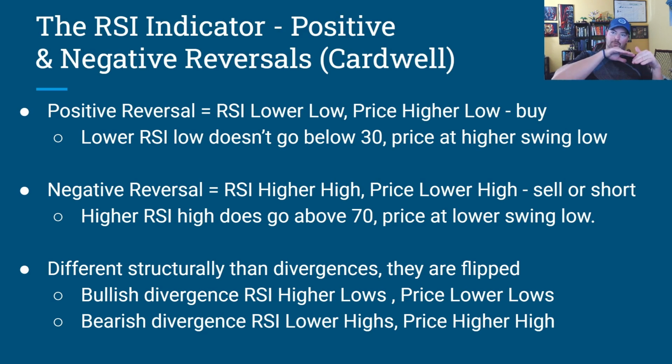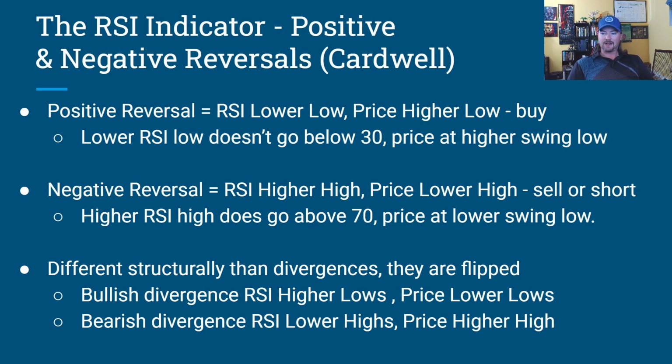So if you think of that, price is moving up while the RSI moves down. Let's go through the negative reversal first. RSI higher high, price lower high. That's a sell signal. So you have price moving down while RSI is moving up.